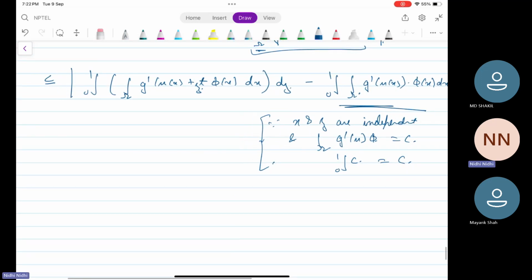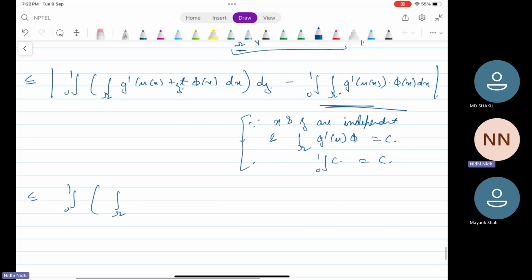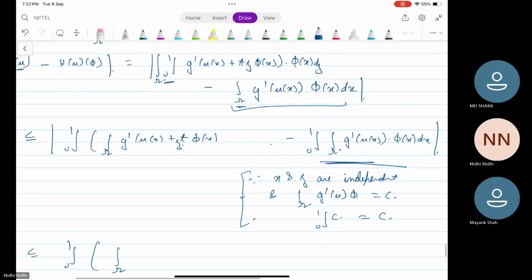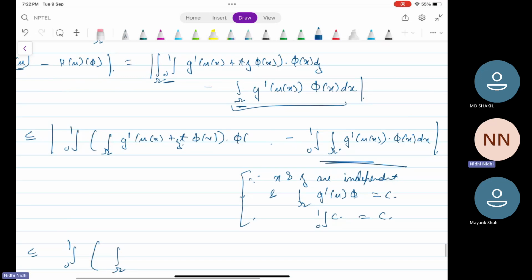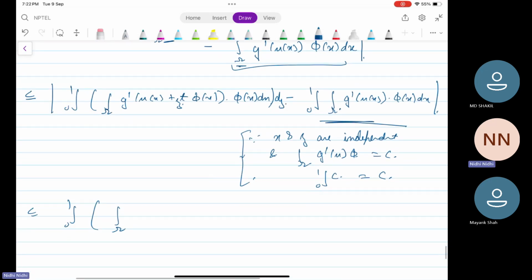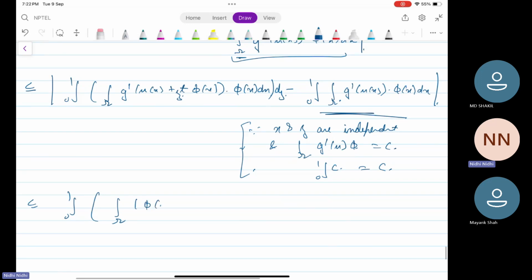Now this is less than or equal to the integral from 0 to 1 of the integral over Ω of ... times φ(x) dx dz. So I can take the modulus of φ(x) common in both the terms.